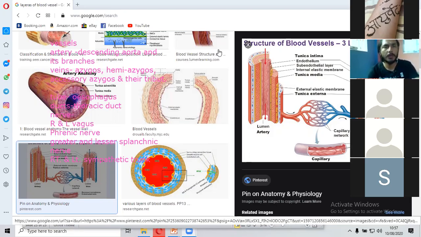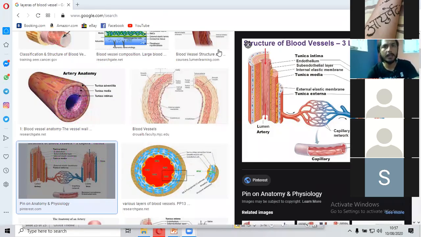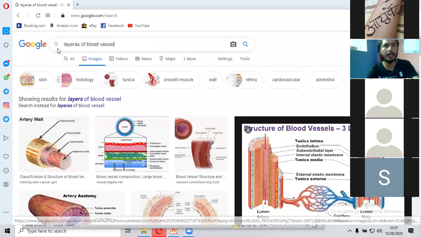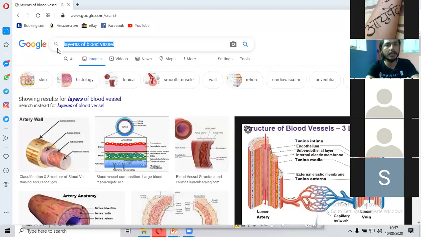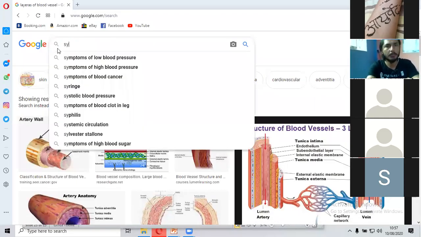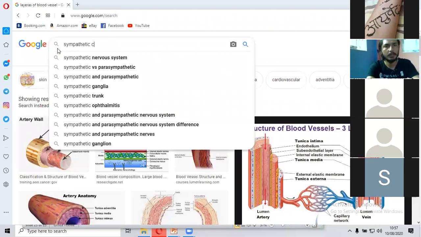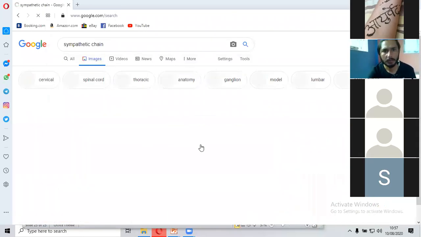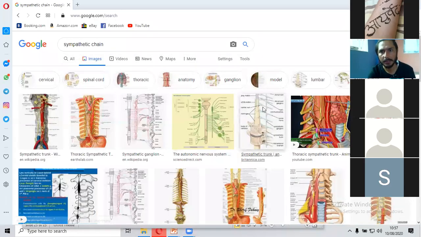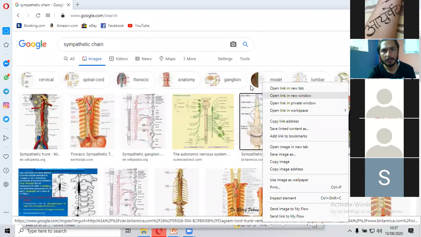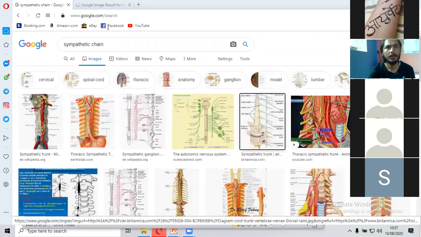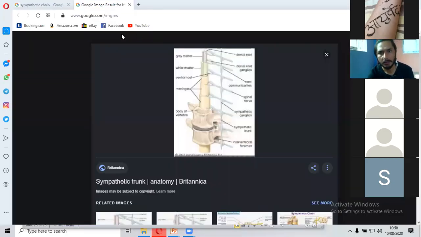Before forming the splanchnic nerve, they will first form the ganglia, a chain of sympathetic ganglia here. Now we'll see the sympathetic chain here. It is not visible. Next.